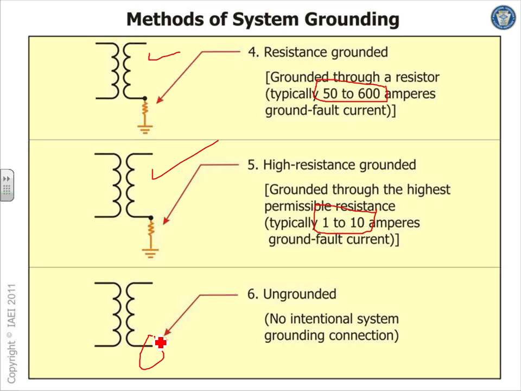Why ungrounded? And which one is the best if you have a manufacturing process? Impedance grounded. It gets the best of the grounded system and the ungrounded system: the survivability and reliability of the ungrounded system plus the resilience of the grounded system.